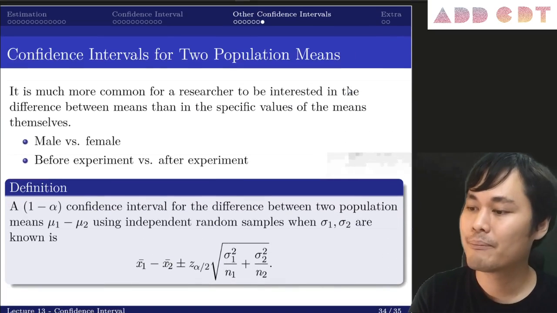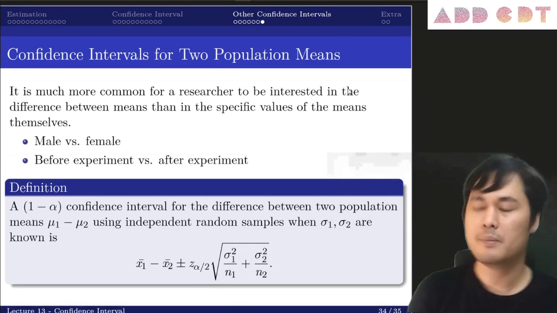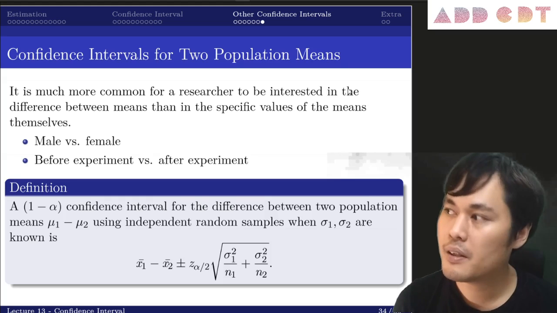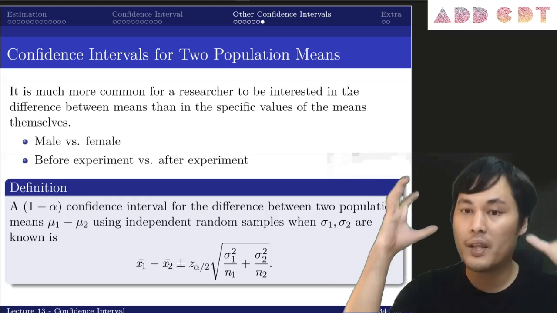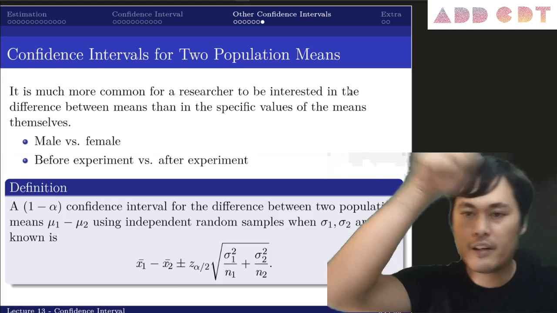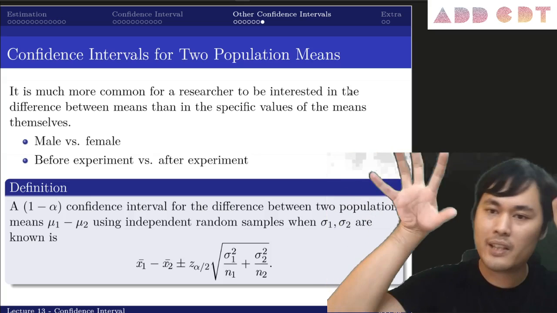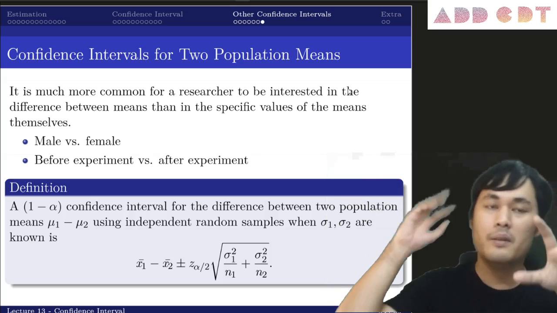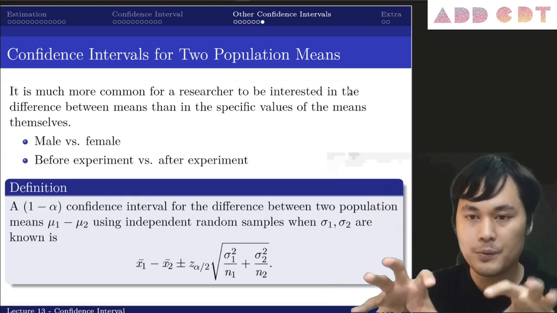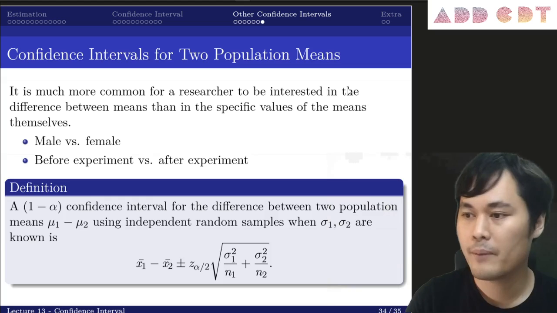And finally, we have confidence intervals for two population means. Sometimes we get one set of data, plot a graph, compute all the values, and then notice that actually we have two bell curves. That means we mixed up two different sets of data.